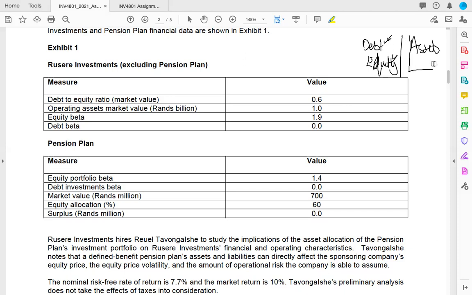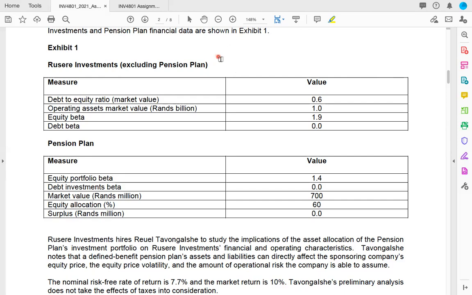So these assets that we have, these operating assets, will include things like inventory, buildings, vehicles. It will include all the assets that the company is using in its operations. And these assets are being financed by debt, and they're also being financed by equity.